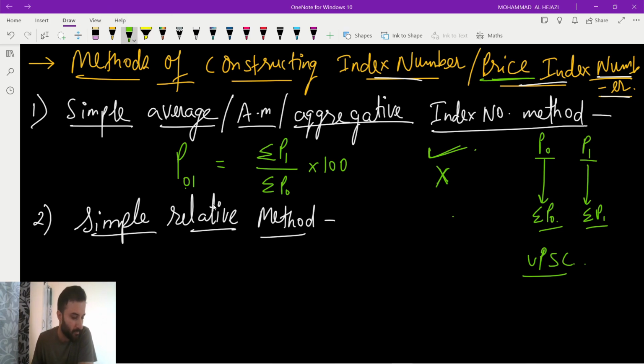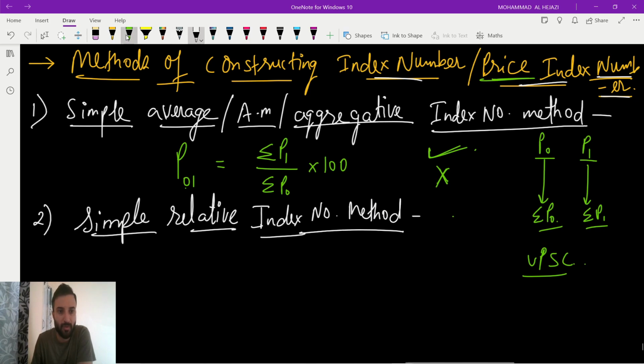Okay, so next is the simple relative method. The formula is the same. I will write it here so you will not get confused: simple relative index number method.